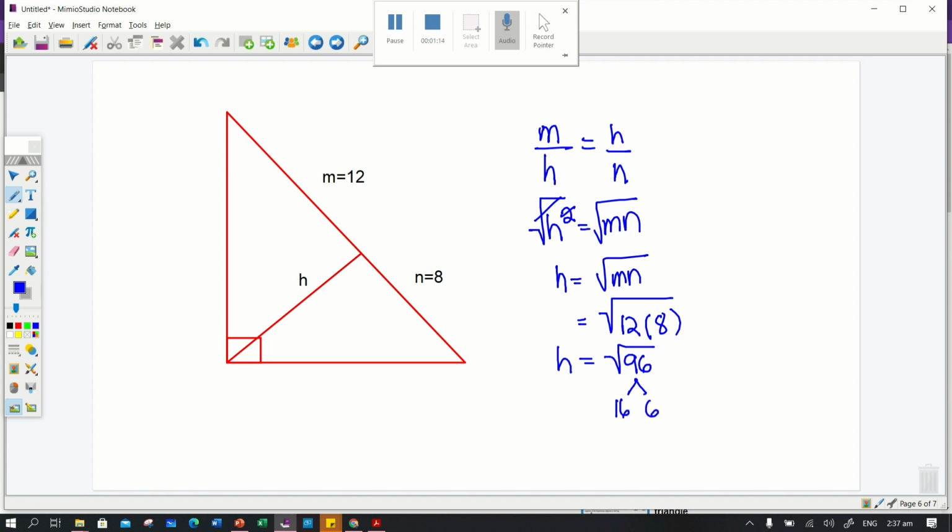And then we know that 16 is a perfect square, so we can get the square root of both sides. The square root of 16 is 4. Since the square root of 6 is already in simplest form, we will just copy the square root of 6. Therefore, the measure of h is equal to 4 square root of 6.